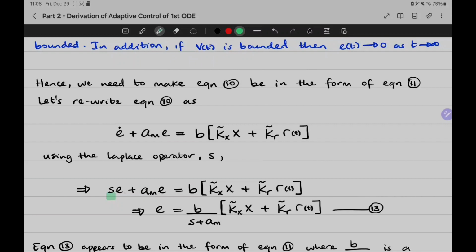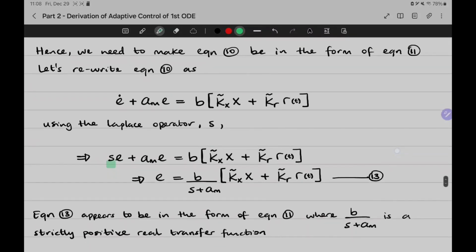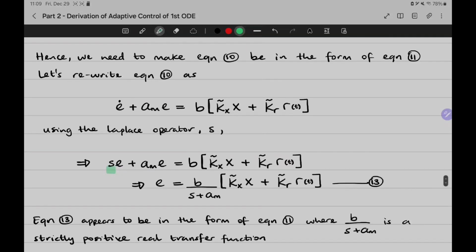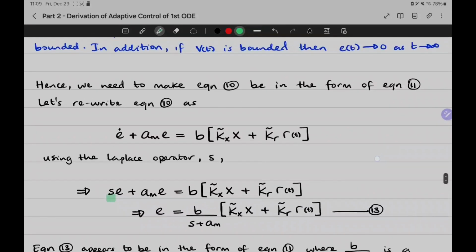Then you have the AME, you factor out E and do a few substitutions, and this is what you get. You get E equals B over S plus AM times that, which, if you take a good look at it, does appear to be in the form of equation 11, right?